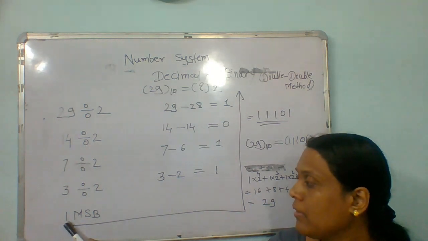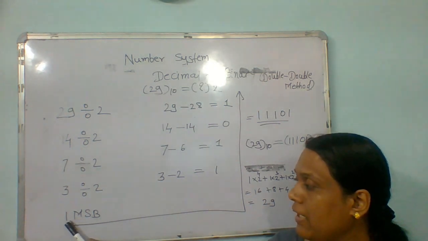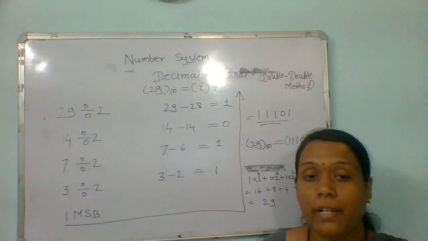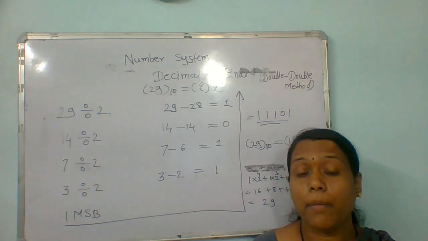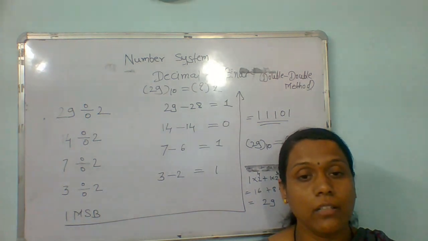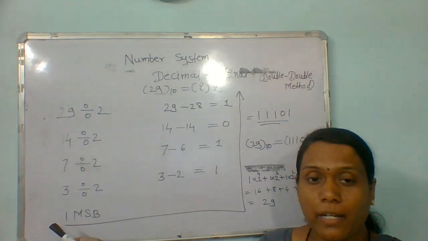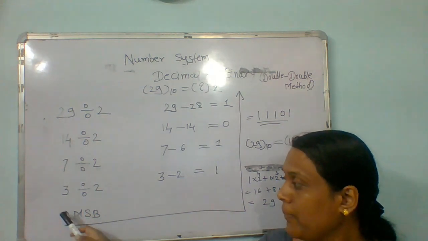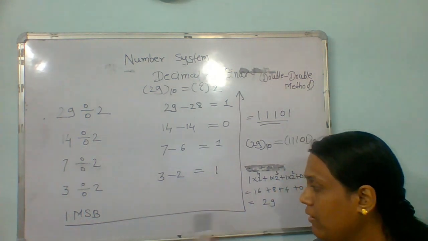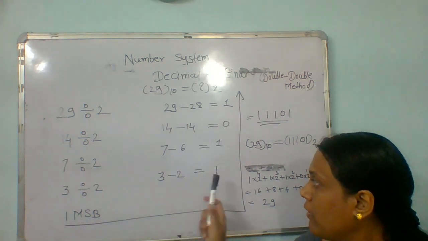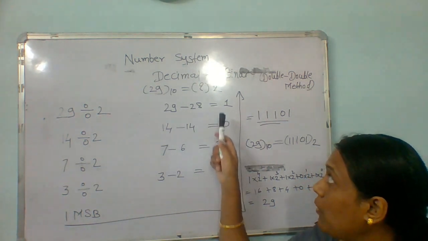And this is the most significant bit, that is the first digit of your number. Now when you collect the remainders to form the binary number, we have to take them from down to top. So 1, 1, 1, 0, and 1.